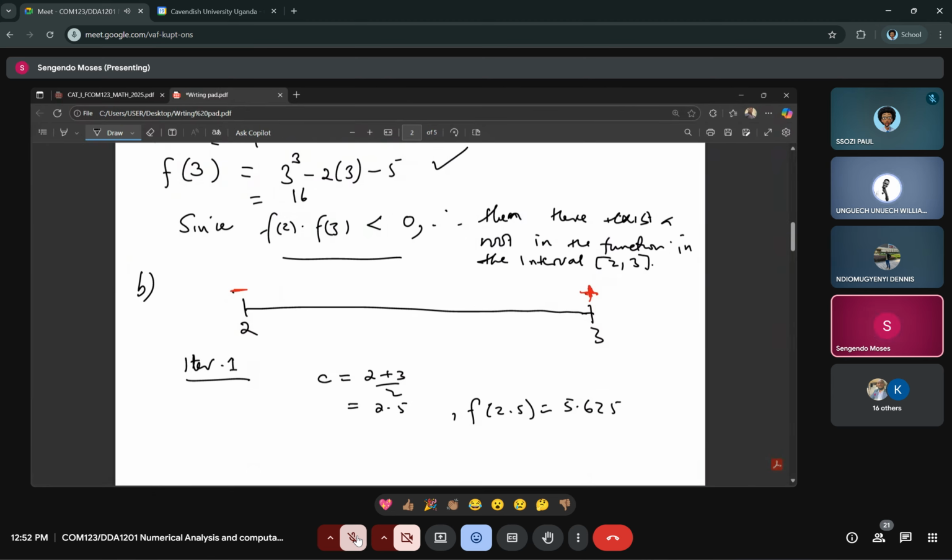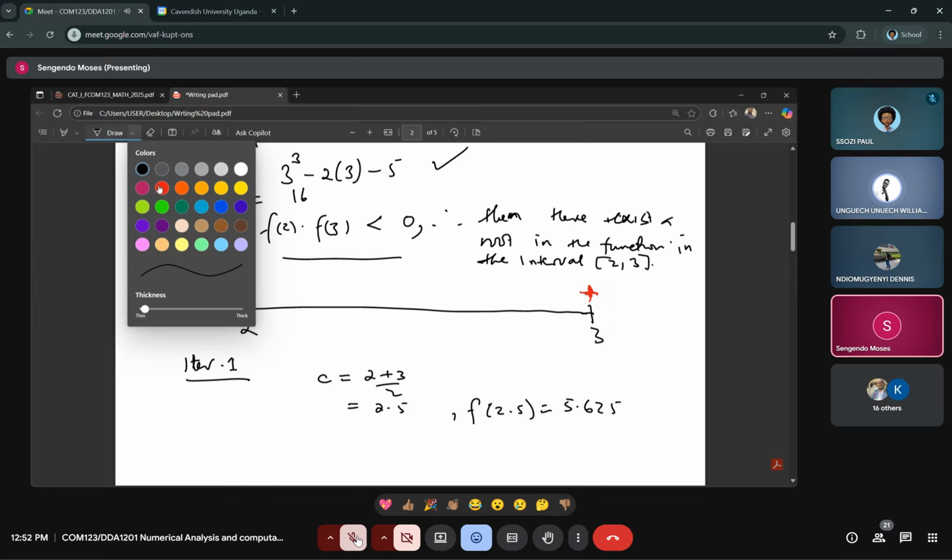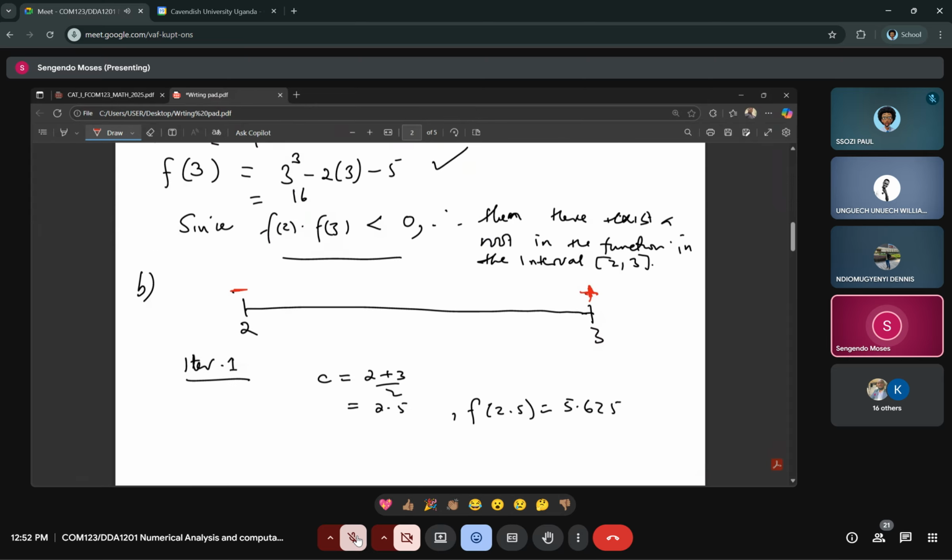Let us go now. The value of the function is positive, not so? Yes. Therefore, we identify 2.5, let's say it's somewhere here. I'm doing that because I know where the function is going to go next. So this is 2.5, and here I'm getting a positive value of the function. What does it mean now?